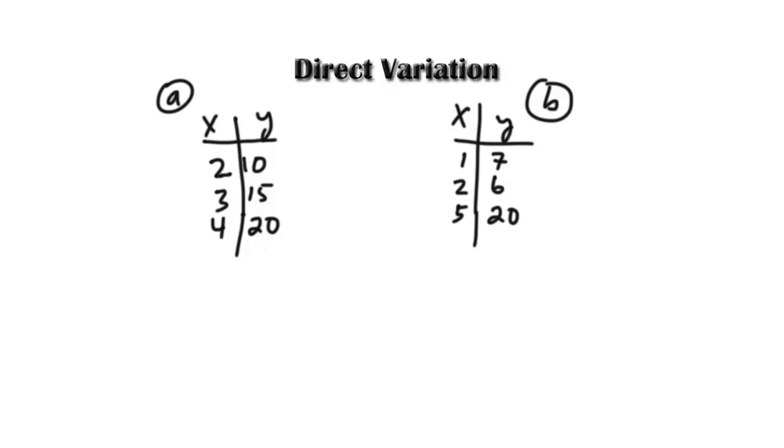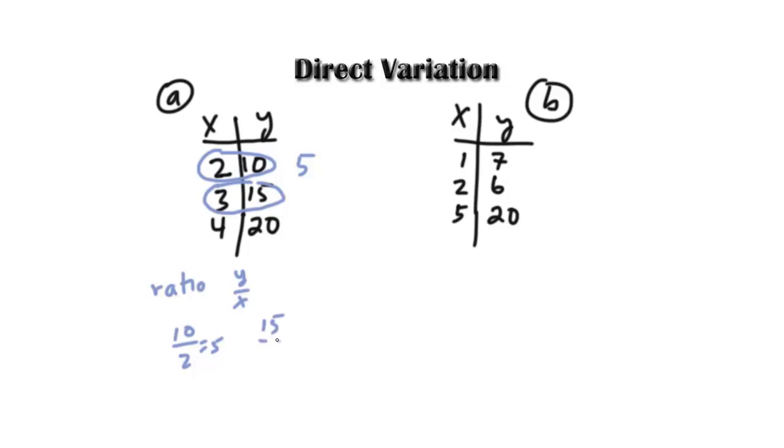Right, in order to do that, you want to check y over x for each one, the ratio y over x. So if I do it for 2 and 10, I'm going to get 5, because it's 10 over 2. And then do the same thing for 3 and 15.